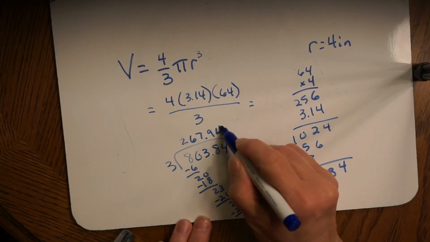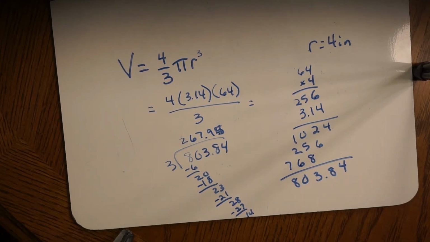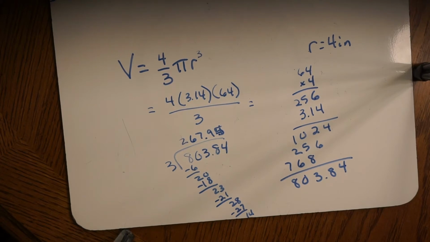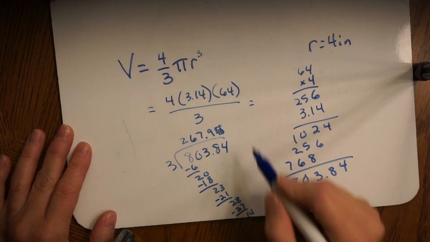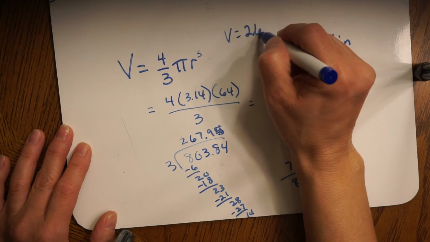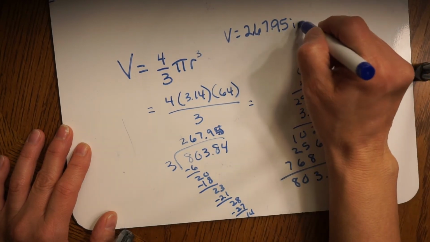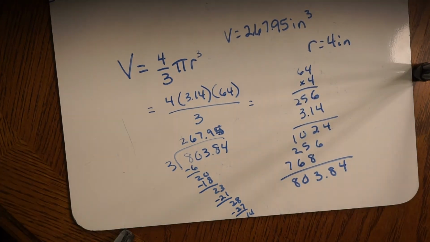So this actually would round up. Check our answer. And that's it. So volume is equal to 267.95 inches cubed.